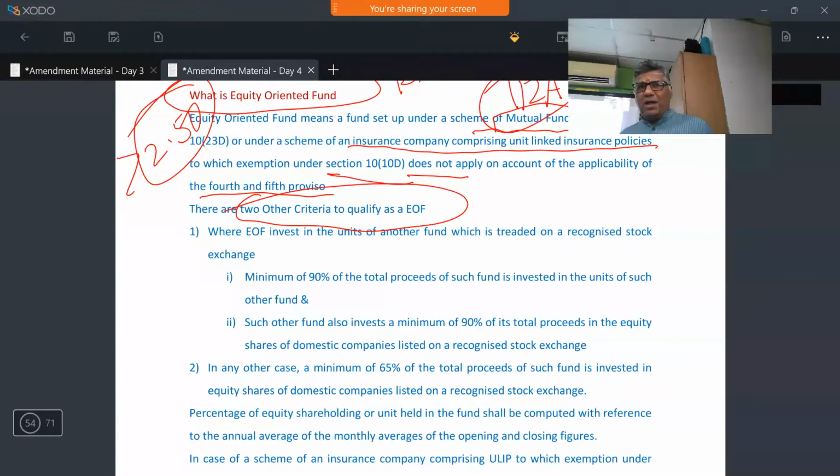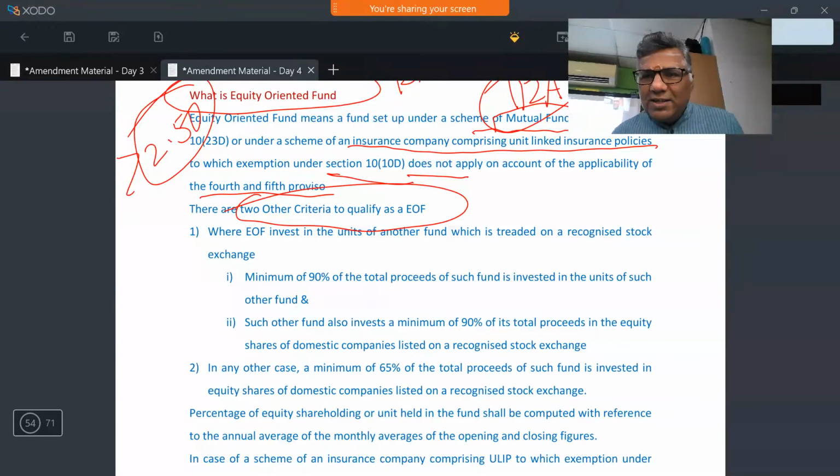Same way, an equity oriented fund invests in another fund, and that other fund should have invested more than 90% in listed shares. Otherwise it is not equity oriented; everything must be listed shares.